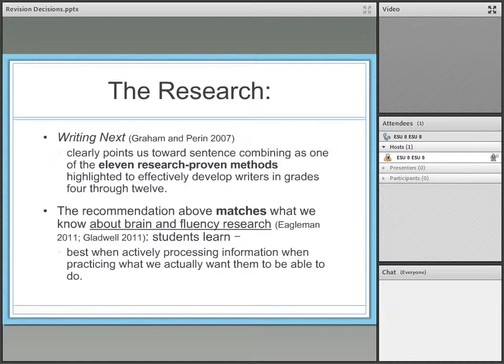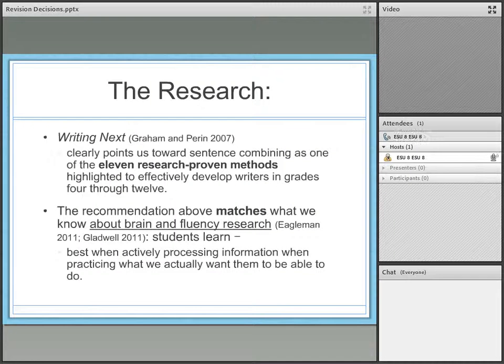Now, the text that I'm using today speaks specifically to writers in grades 4 through 10. So if there are 11 research proven methods, this text and the methods that it shares with us also share some of those research proven methods.